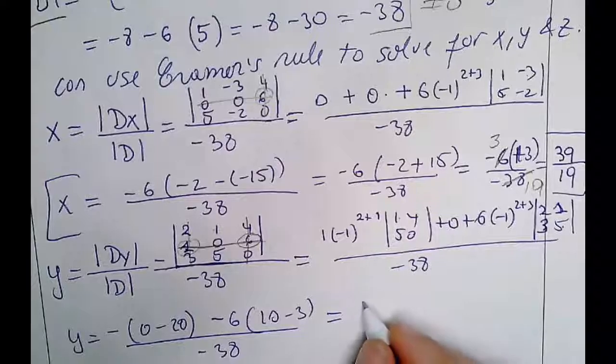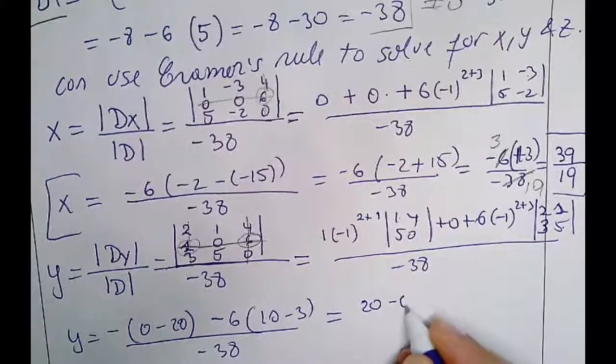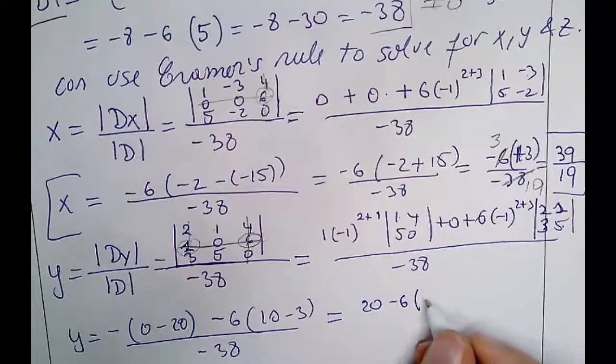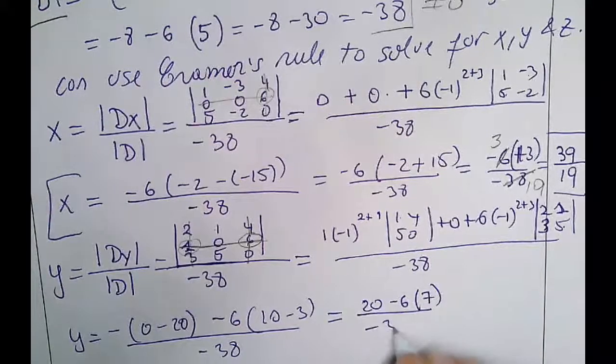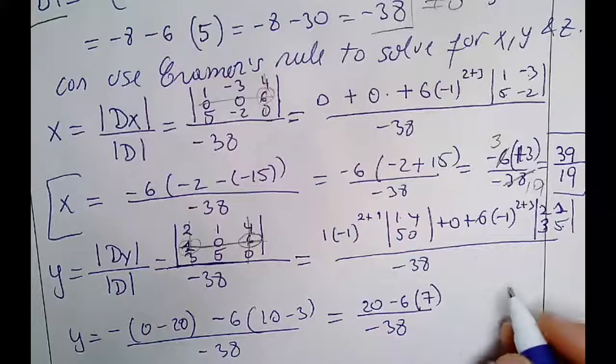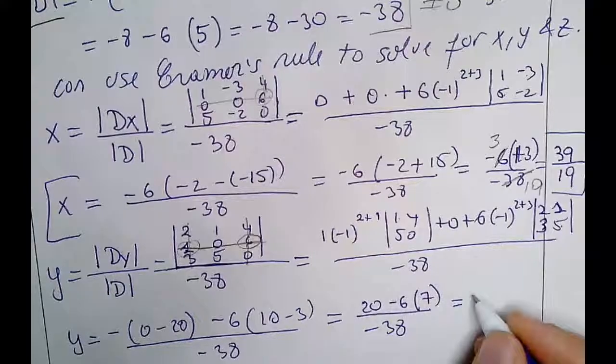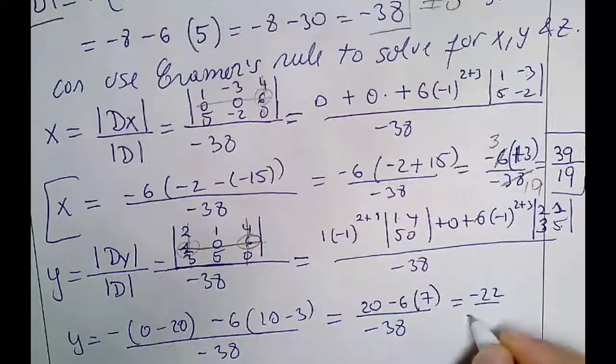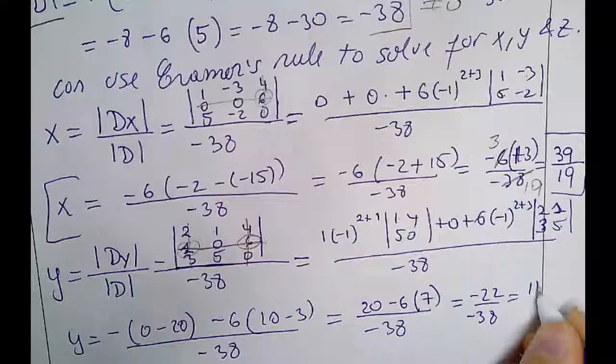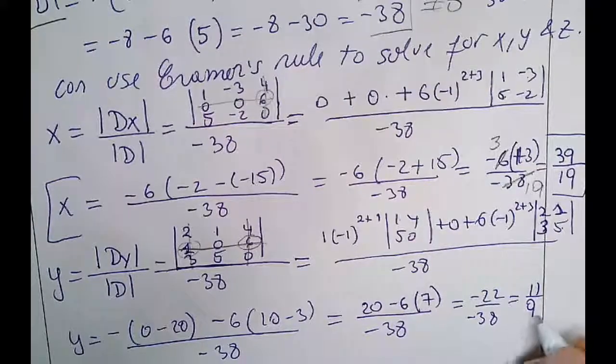So this is going to be 0, negative, so positive 20 minus 6 times 7 over negative 38. So it's going to be 20 minus 42, minus 22 over negative 38. That's 11 over 19.